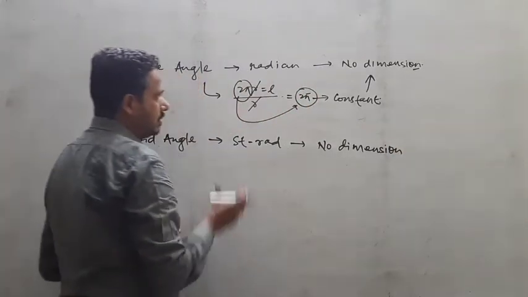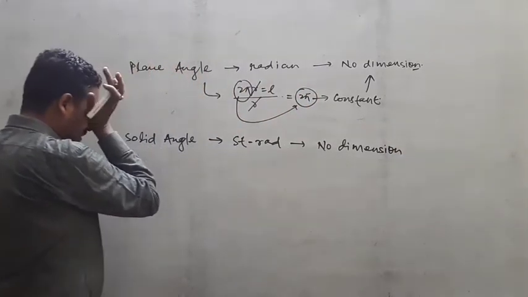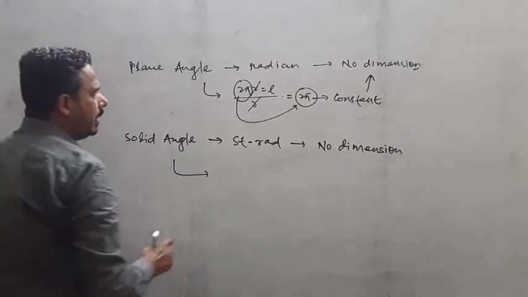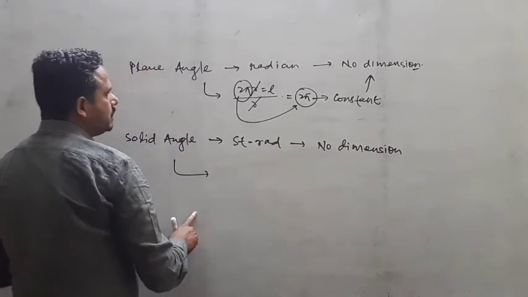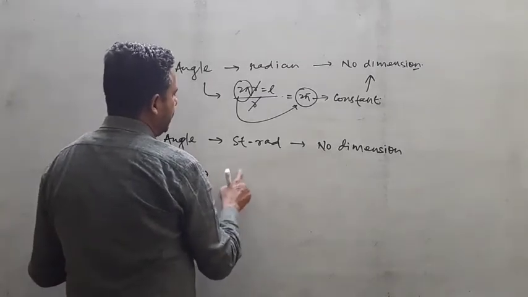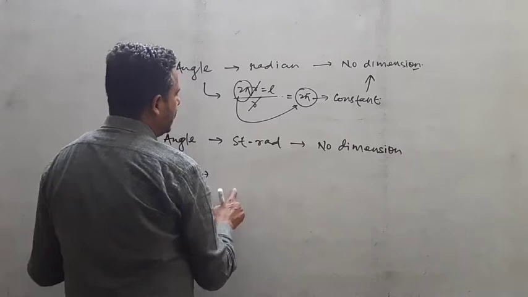Why is this? Because the solid angle is the surface area of a sphere to the square of its radius.